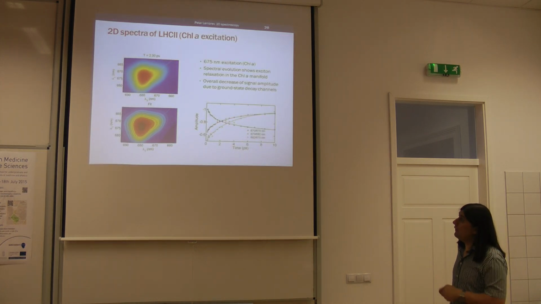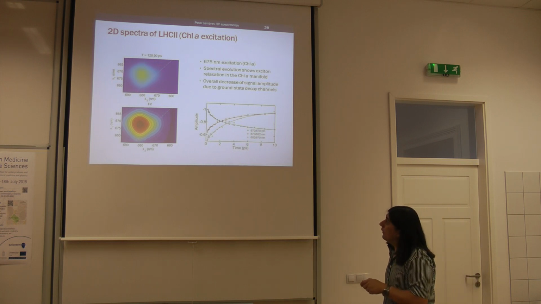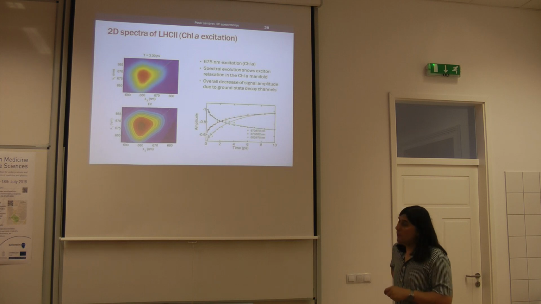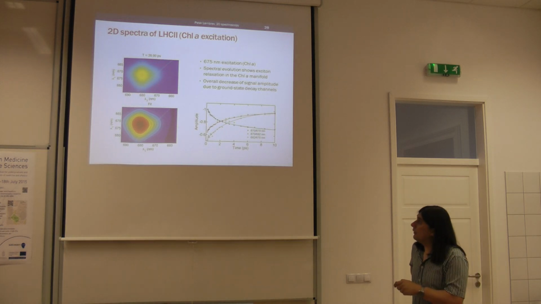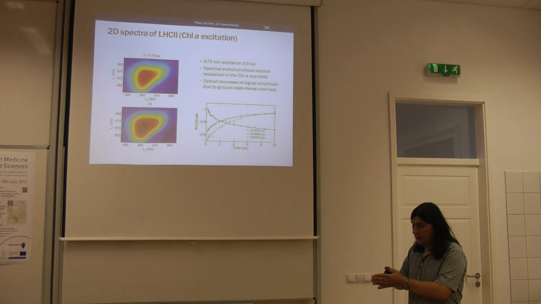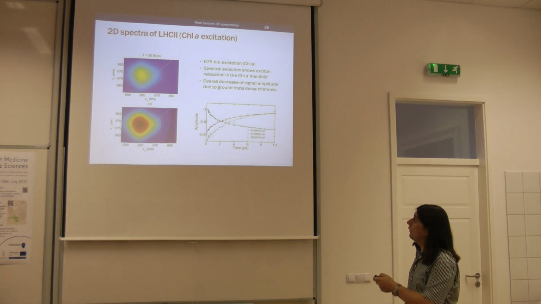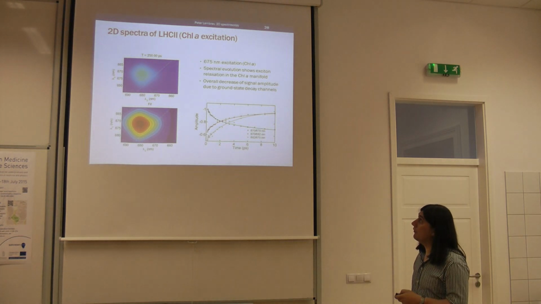This is another example where now our pump covers chlorophyll A molecules. And now, if you look at the pump probe signal, you won't see much, nothing happens. But only you will see the decay of your signal.